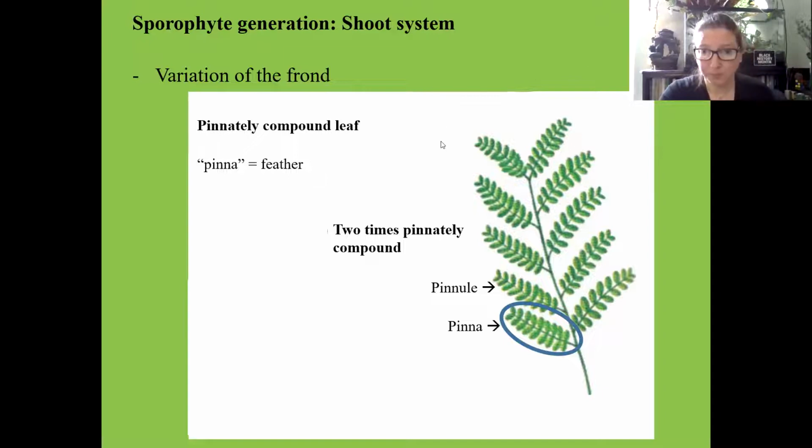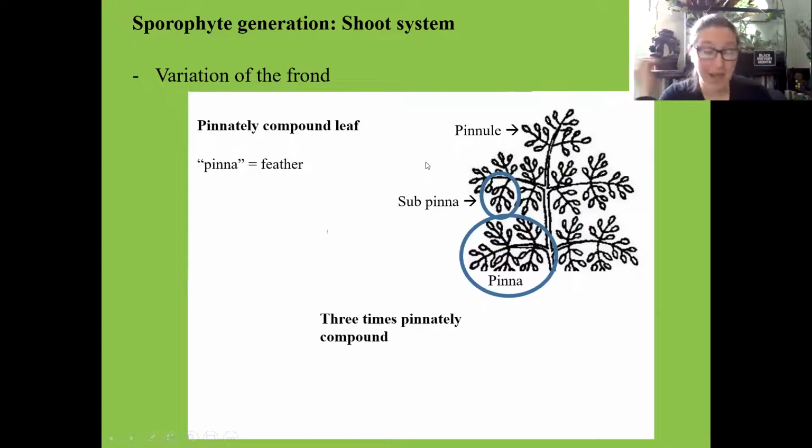And so you can have even more than 2 times pinnately compound. You can have like 10 times pinnately compound. And at that point, even botanists give up, because it's too many things. So this one is 3 times here, but we can have even 10 times. You have a pinna here, which is the first main division.